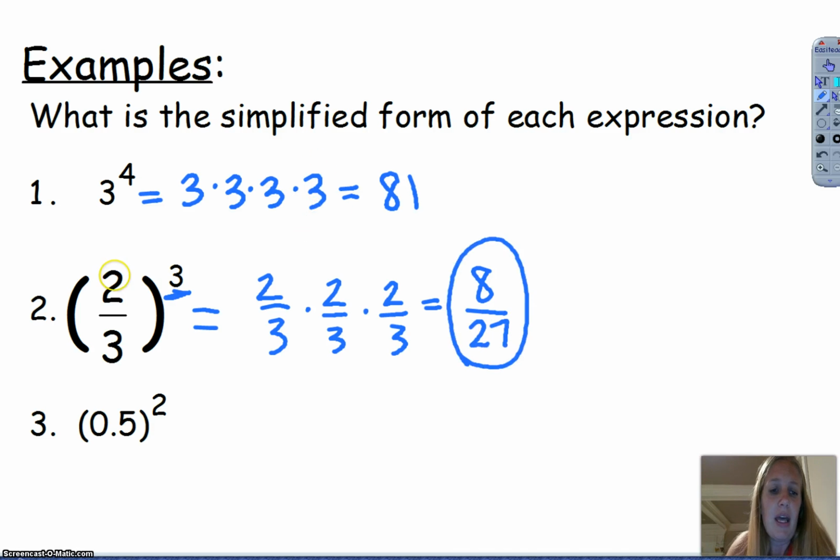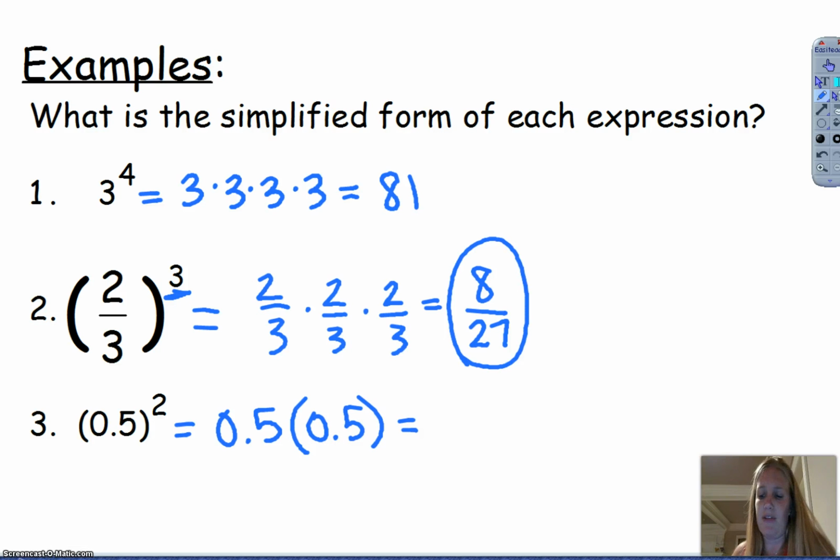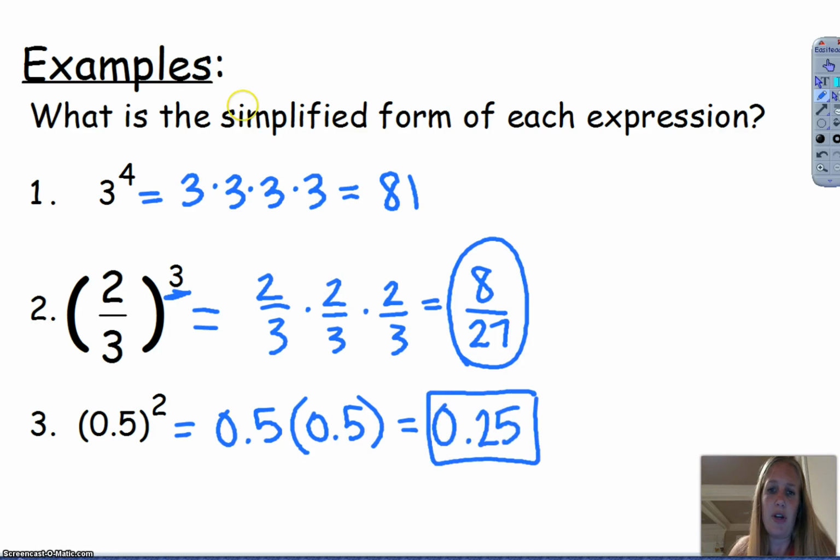There you go. This one means 0.5 times, and I'm just going to use parentheses for multiplication here, times 0.5. Okay, so you would do 0.5 times 0.5, and you get 0.25. Okay, so those are our 3 answers.